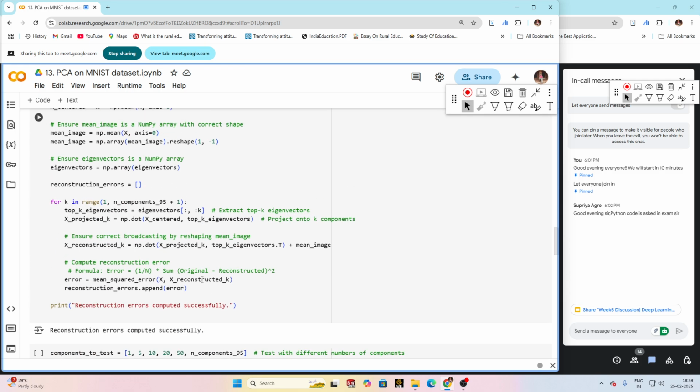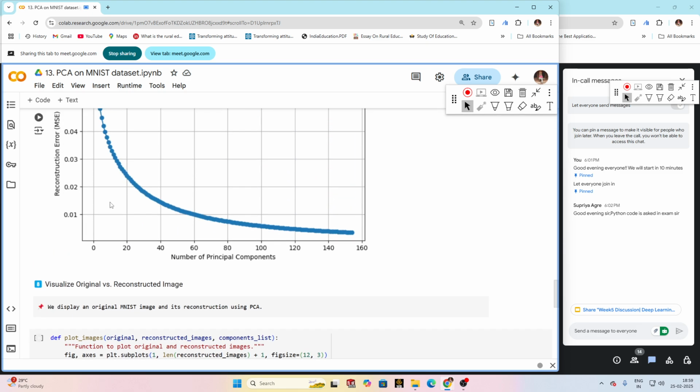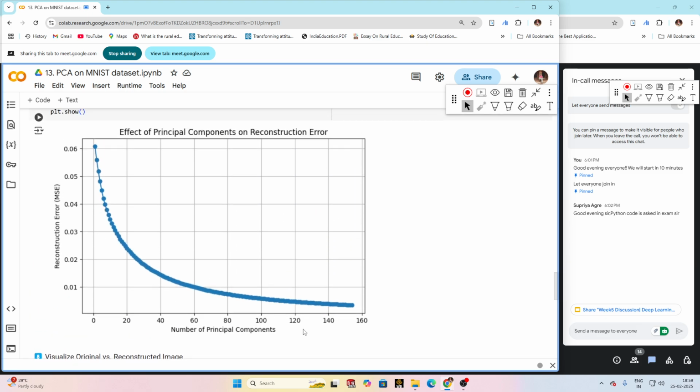What is the formula of reconstruction error? The formula of reconstruction error is nothing but your mean squared error, that is 1 by n into the sum of your original, that is y, minus y reconstructed, that is y hat, whole square. So this MSE we already know. If I plot the reconstruction error with the number of principal components, when we have 20 principal components, for example, we get a reconstruction error like 0.025.